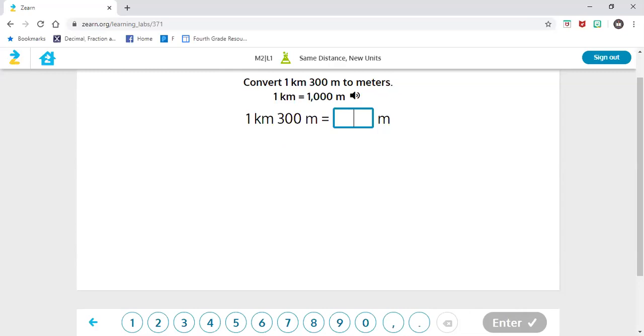Okay, so let's try another one. So we're going to convert our 1 kilometer and 300 meters to meters. So I cannot add kilometers to meters. I have to have them the same unit. And my answer, as you see, has to be in meters. So I'm going to change my kilometers to meters.